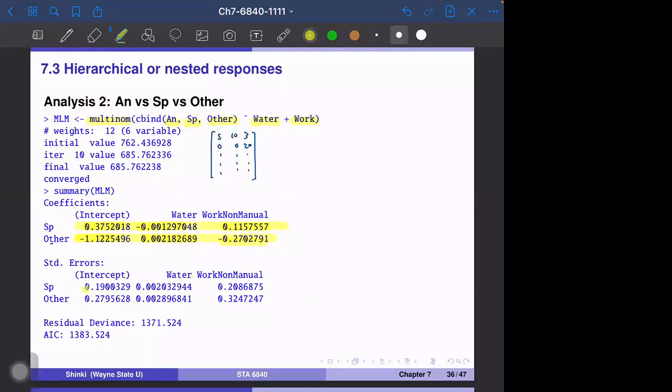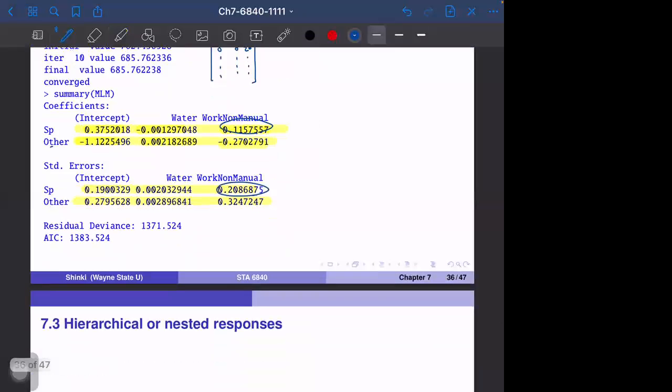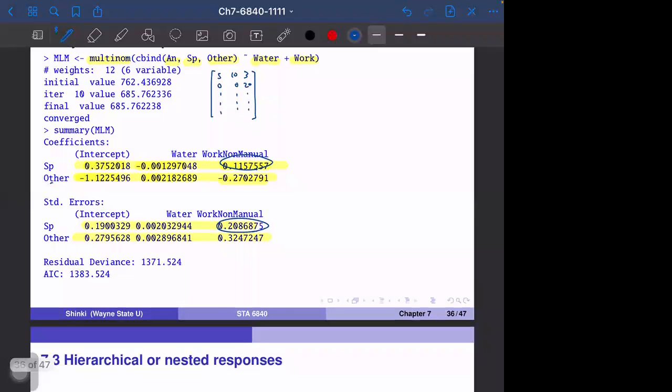And standard errors are also reported here. For example, this one is 0.11, but the standard error is 0.2, so it's not really significant. And actually, you can see that probably all of the coefficients, except for the intercept, are not significant. So probably the model isn't really useful.